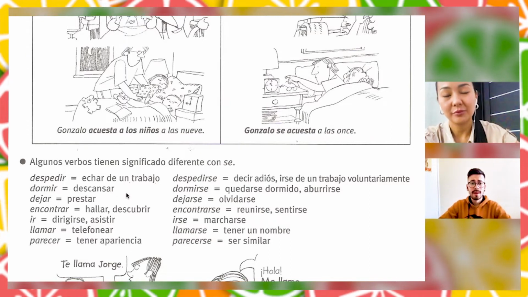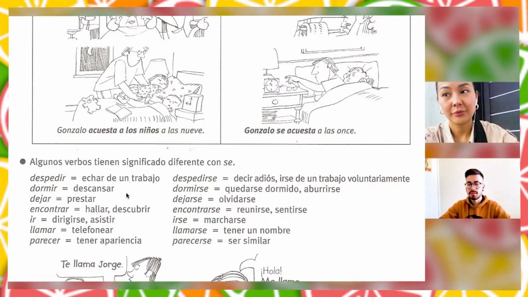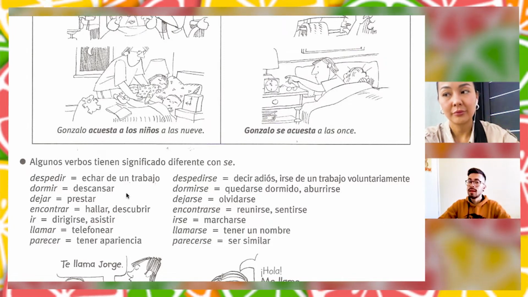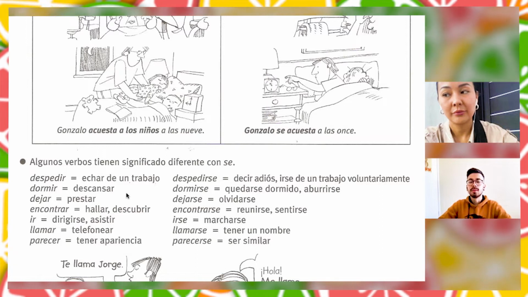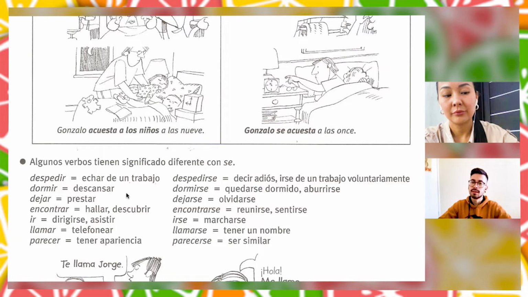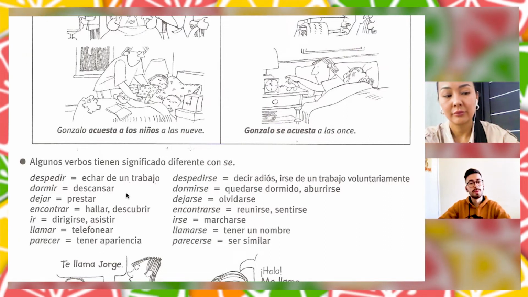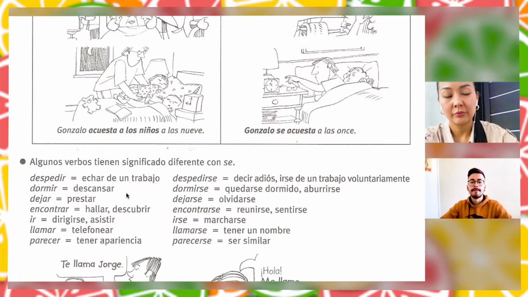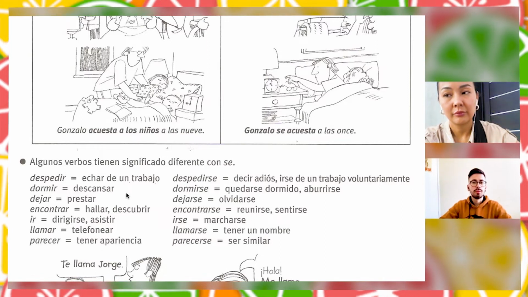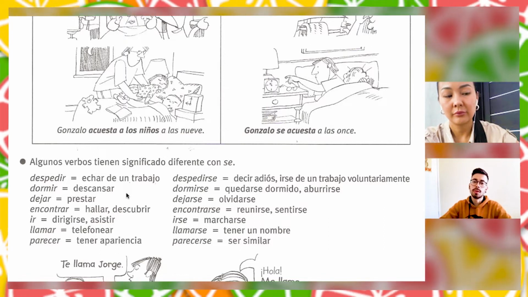Let's continue. We have encontrar, and that means to discover something, to find something. And encontrarse means to meet with someone or to feel a certain way. For example, no me encuentro muy bien. Yes, I don't feel well. Ir means to go somewhere. And irse is to go away.